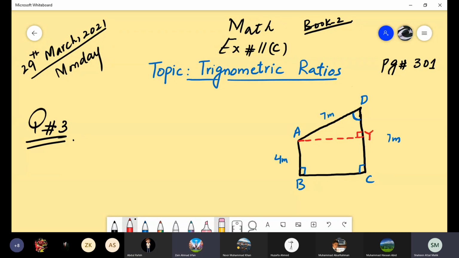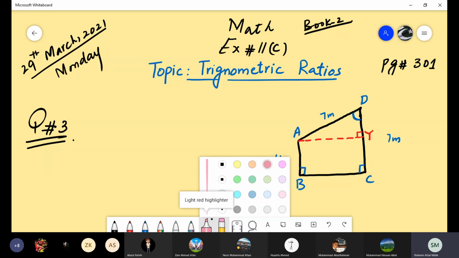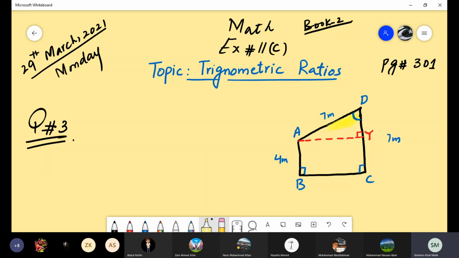And we name it as Y. Can we do that? Then if we do this, then this shaded part, your upper part, is going to be a triangle. Can you see?